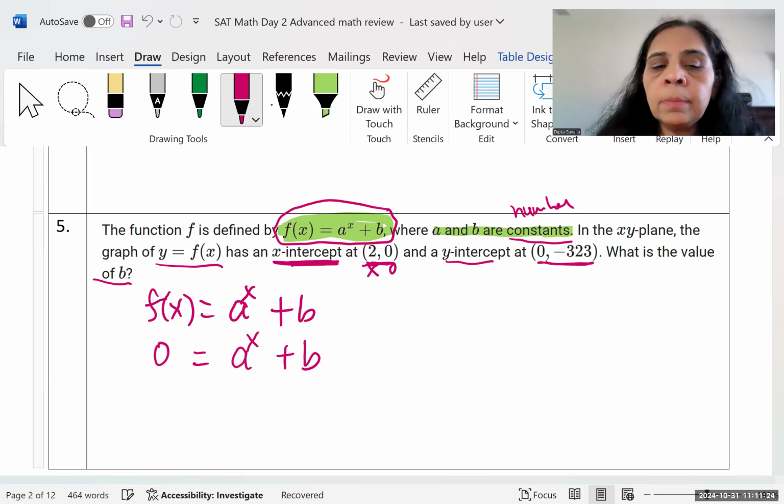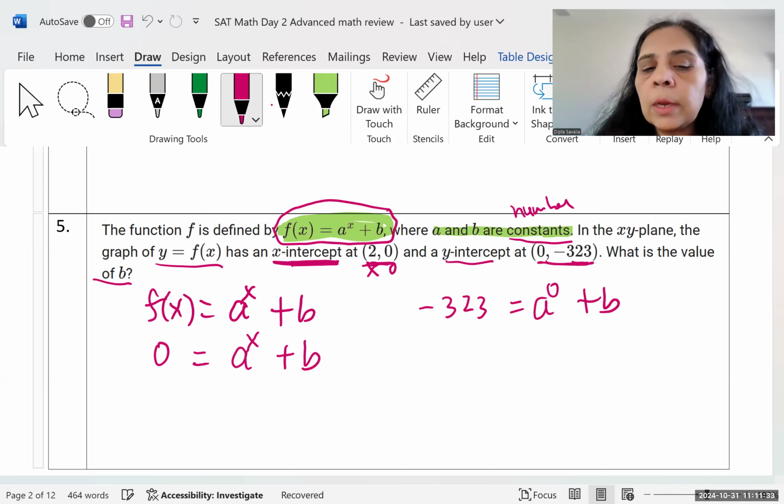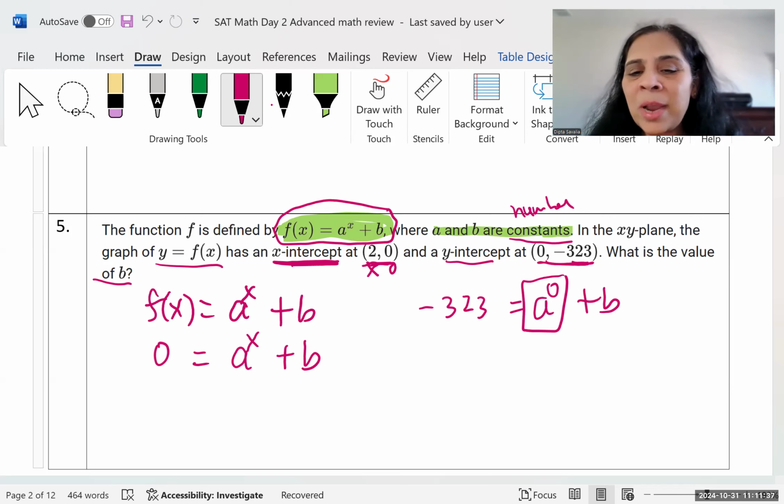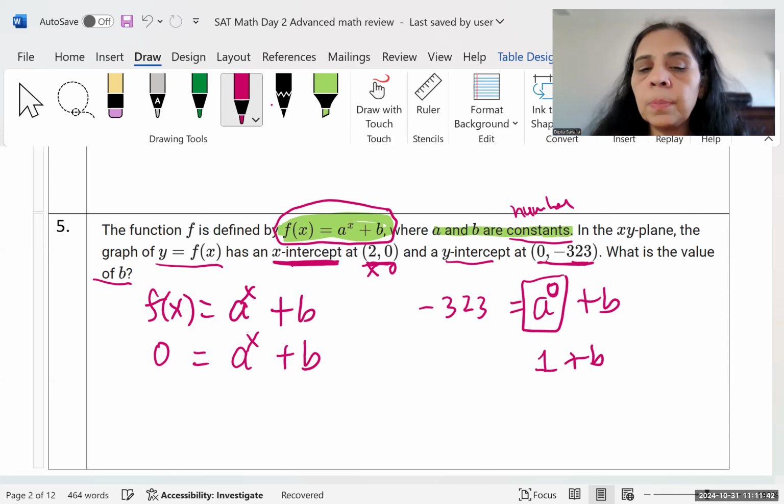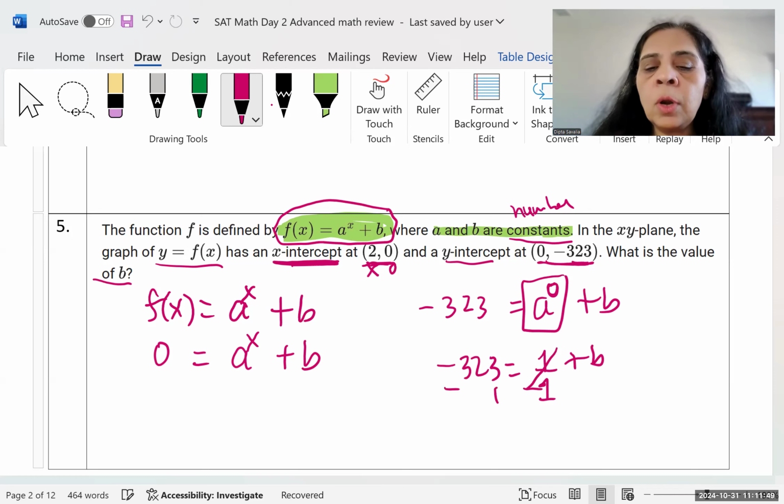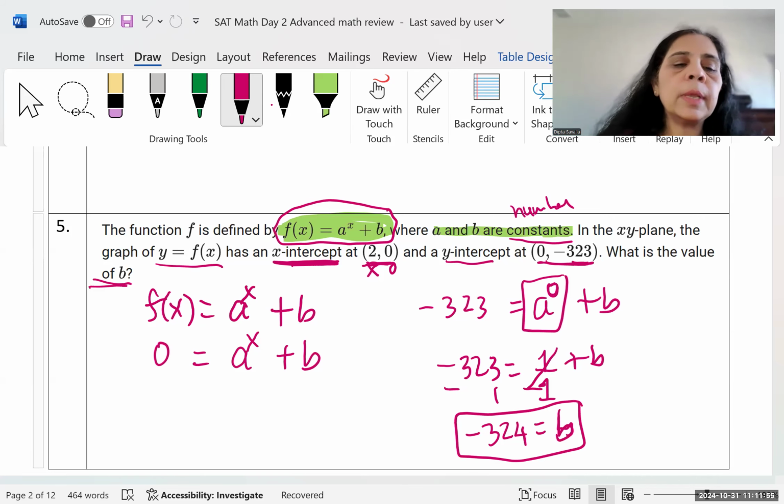We can plug in y is negative 323 = a^0 + b. Look at this. What we checked in the previous question: if we have 0 power with any base, that's 1. Right? So we just need this equation. We solve for b because we are looking for the value of b. So that is my final answer for this.